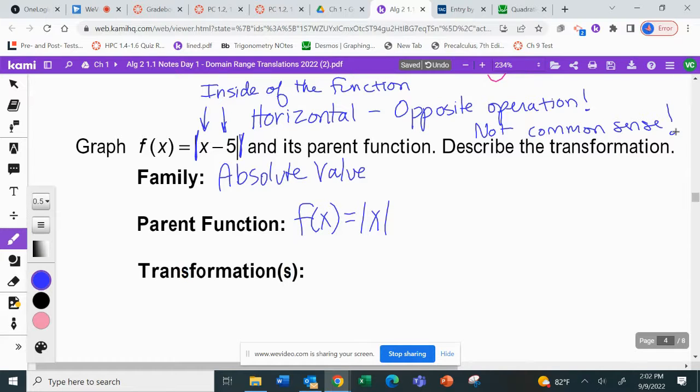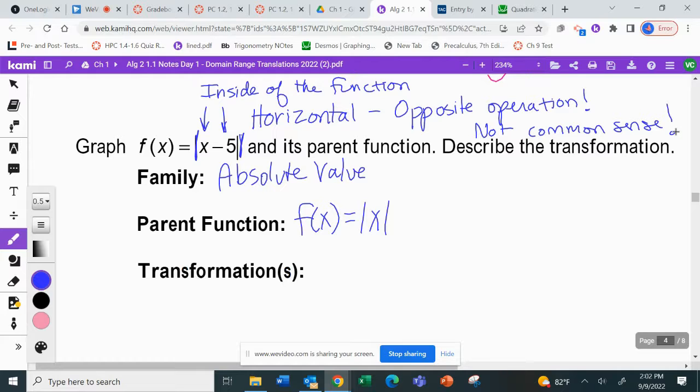So when I look inside and I see this minus 5, first thing is it's horizontal because it's inside. That means I'm either moving to the left or to the right. Common sense, when I see a subtraction, would make me think that way. But it's not common sense. It's opposite of what you would think.